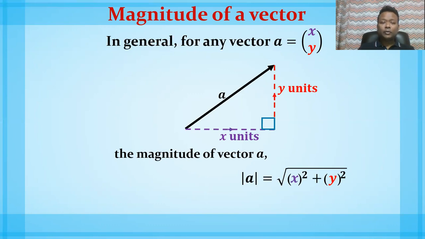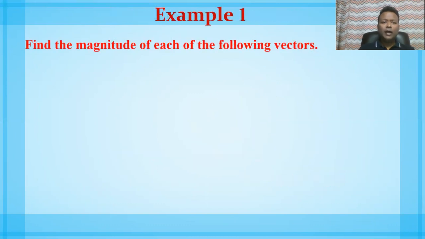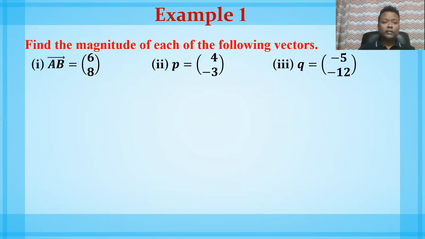The following example demonstrates how to find the magnitude of a vector. Find the magnitude of each of the following vectors. In the first part, we are given the vector AB with components 6 and 8. Using the formula for magnitude, we have the modulus of AB, or magnitude of AB, is equal to the square root of 6 squared plus 8 squared.